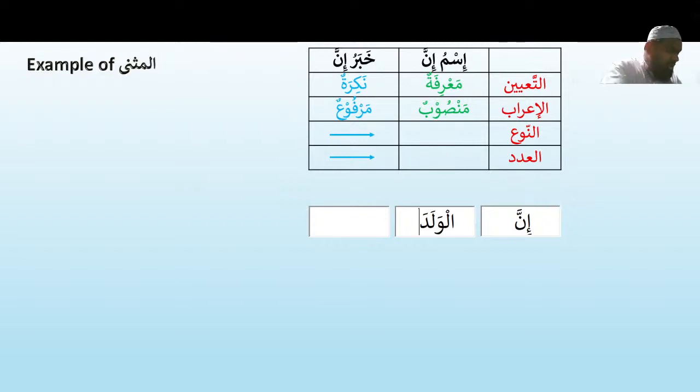Okay, can anyone tell me what is the mansub case of al-walad muthanna? Alright, I think something is wrong with my phone.